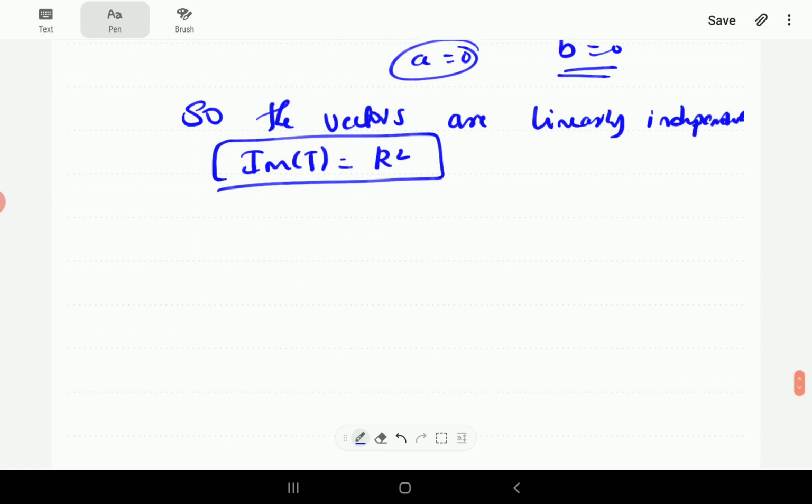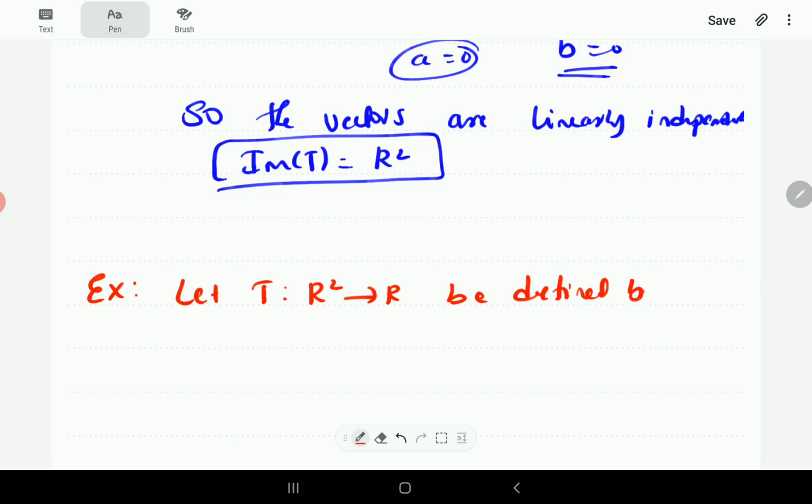So let us take another example for the image. Let T be a function from R2 to R defined by T of (x, y) equal to 4x minus 2y.